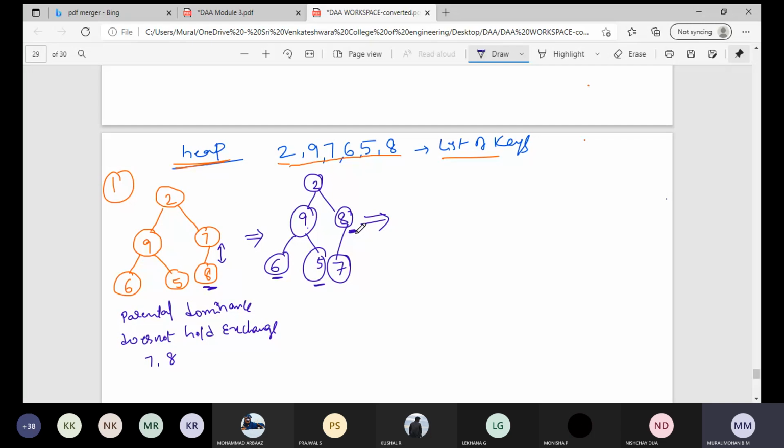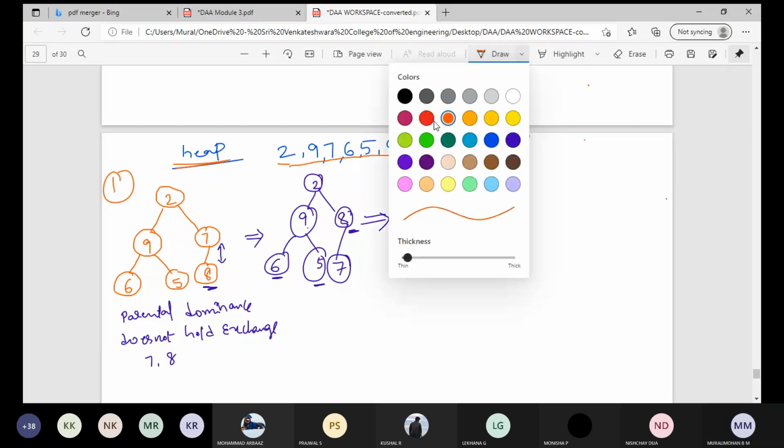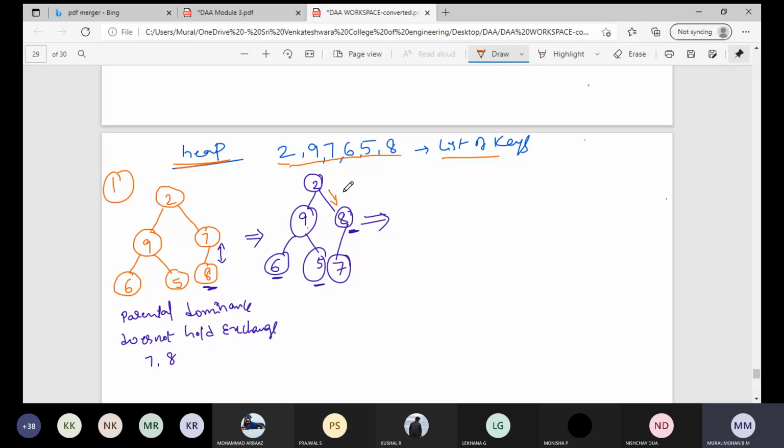What will we do? Exchange. So here the parental dominance is not holding. Similarly here also it is not holding. So what will we do? So this tree we are checking. Okay, let me erase this.